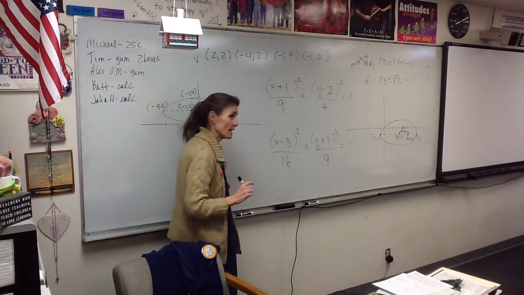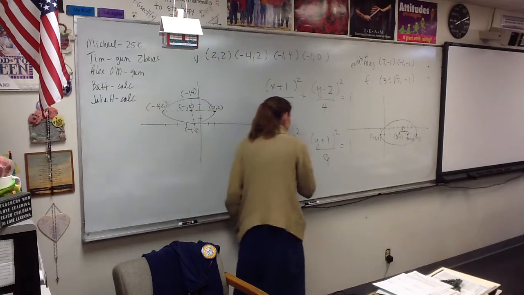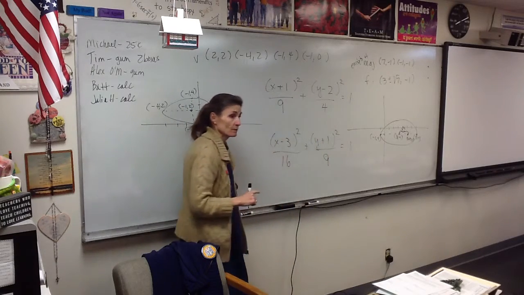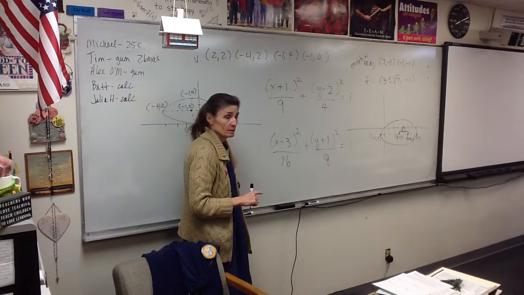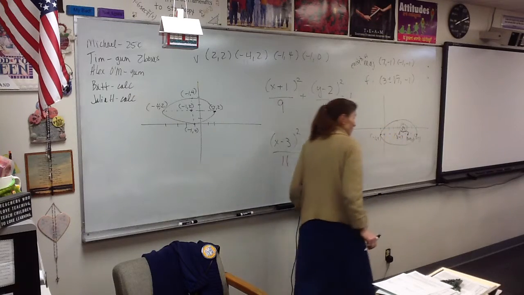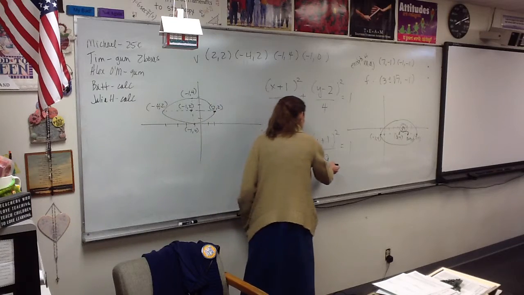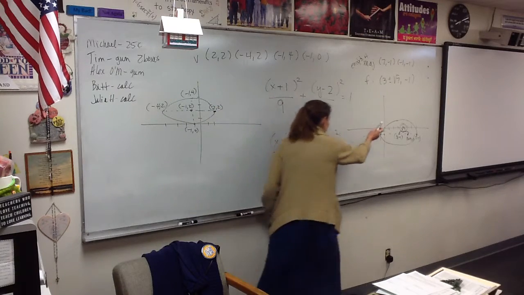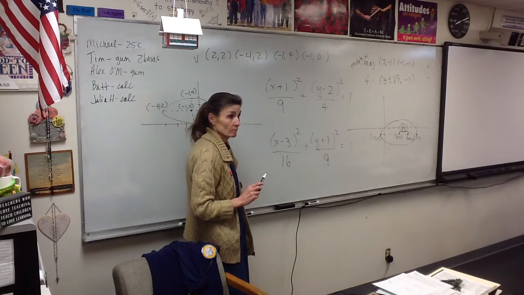Now, how do we know that has to be 9? We're thinking backwards. We know that if we subtract these, we have to get 7. If you subtract your denominators and take your square root, you get that number right there. So working backwards, this has to be a 9, so that when I do the subtraction, I get the root 7. Right?